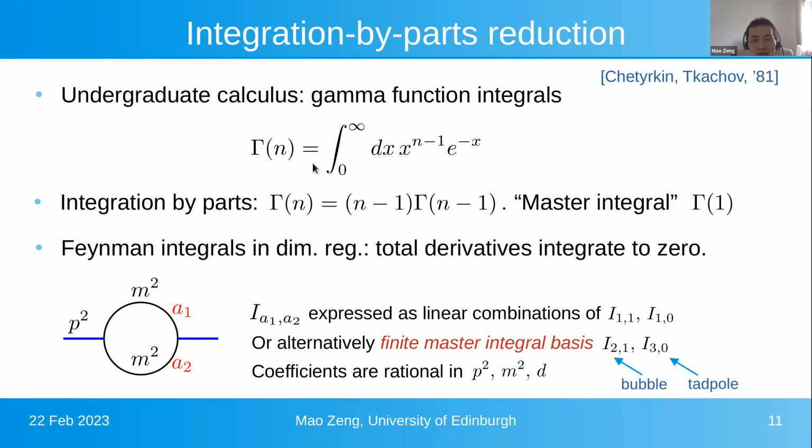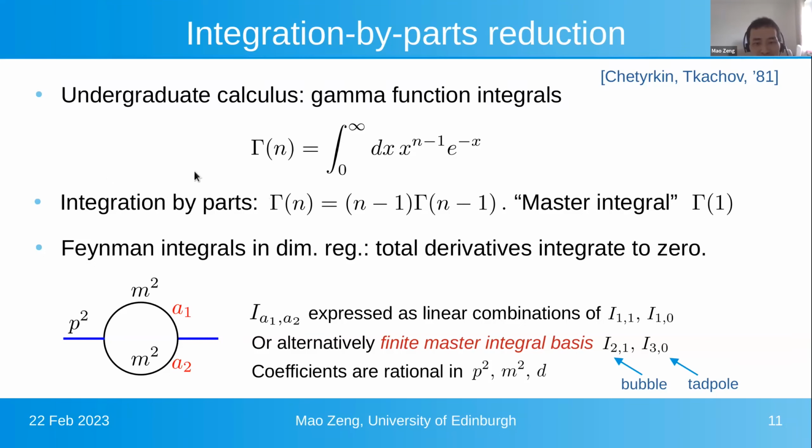No matter how complicated your integral is, for example, you can have a1 equals 1000, a2 equals 100, it doesn't matter. It will be just some complicated linear combination of these two master integrals with coefficients being rational functions in your kinematic variables p squared, m squared, and your space-time dimension d.